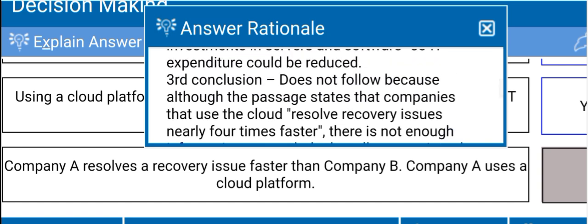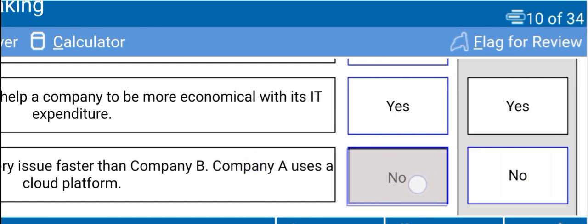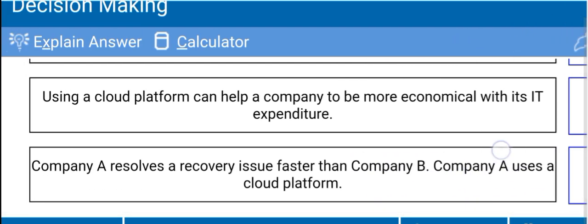So because of this reason, the third conclusion does not follow. So we will drop a no in front of it.